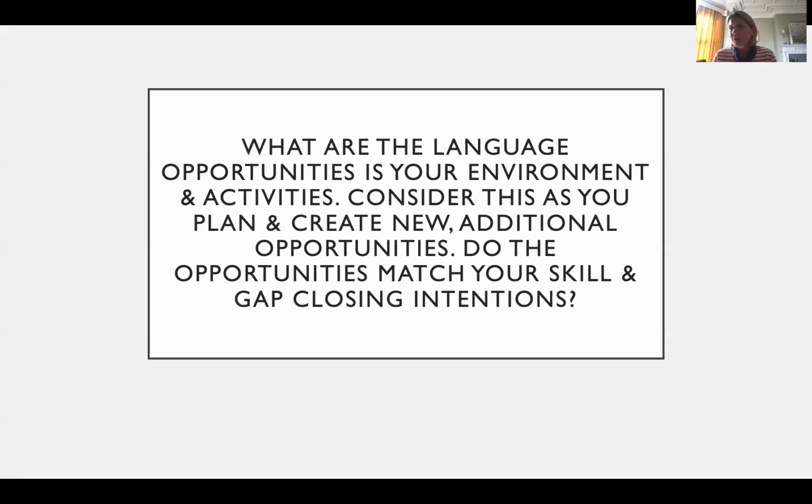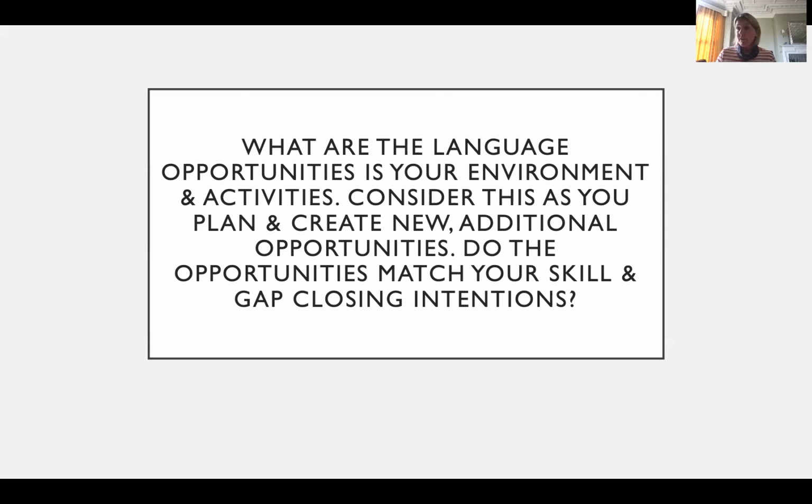I think we've pretty much talked about this anyway. So it's this notion of seeing your environment as creating language enrichment opportunities, or opportunities for things like turn taking, and really plotting out where those opportunities are, but also, do you need to create more opportunities, for example?